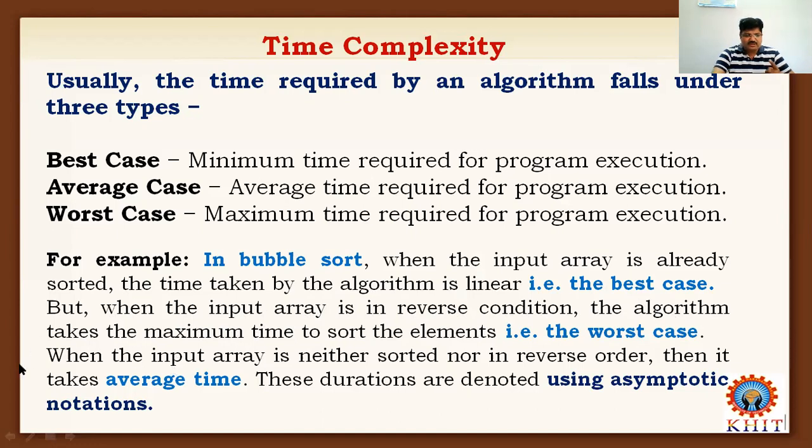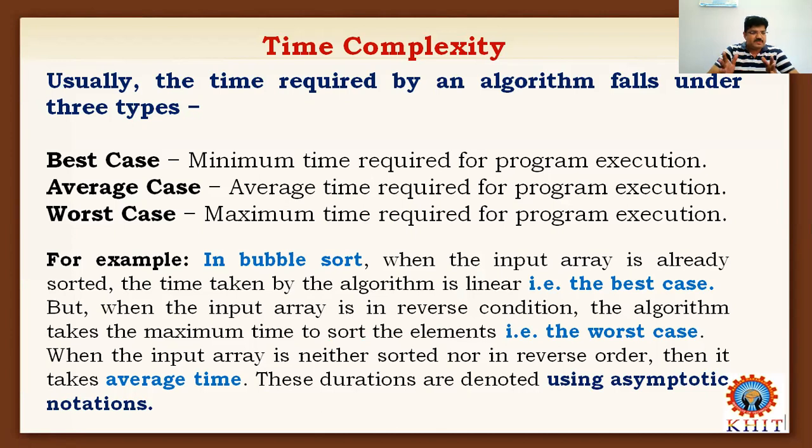So another case is when the input array is neither sorted nor in reverse order, then it will take an average number of times. These durations are denoted using asymptotic notations. The time complexity depends on the speed of the algorithm.